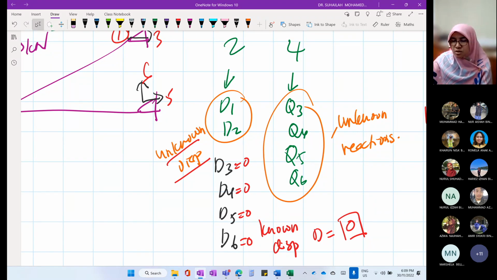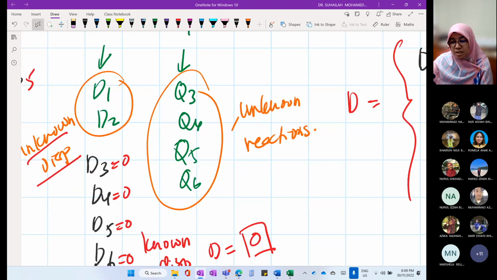Okay, the same goes for Q. Q3, Q4, Q5, Q6 are unknown reactions. Unknown reaction is the objective. Unknown reaction is the second objective.